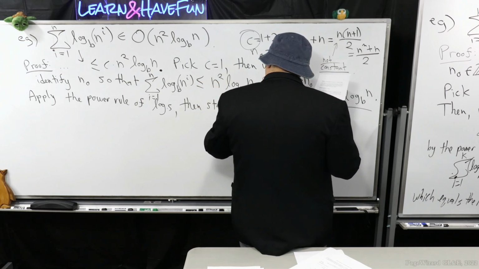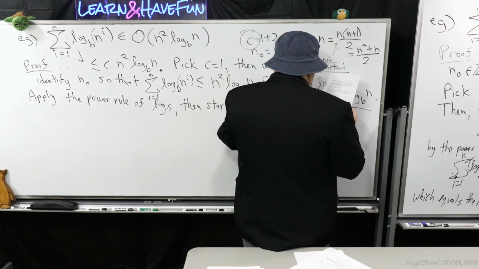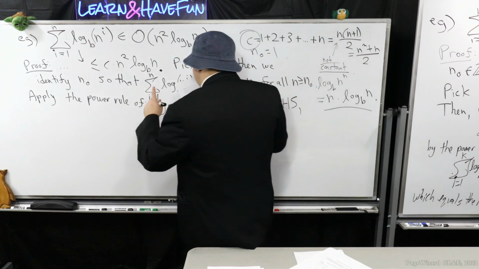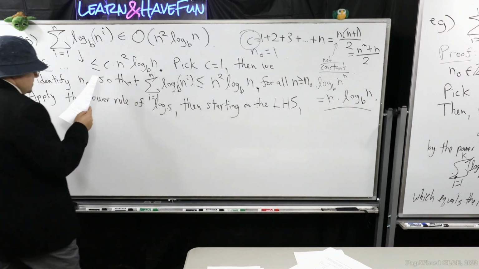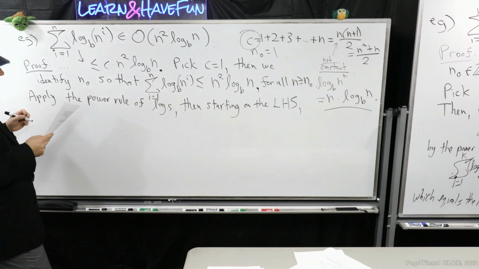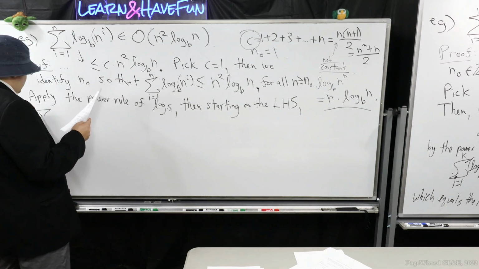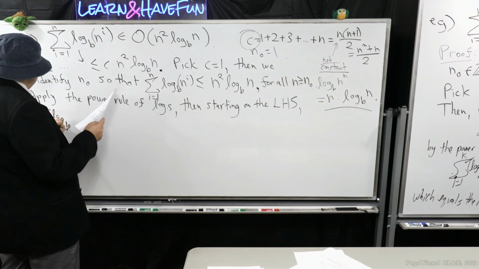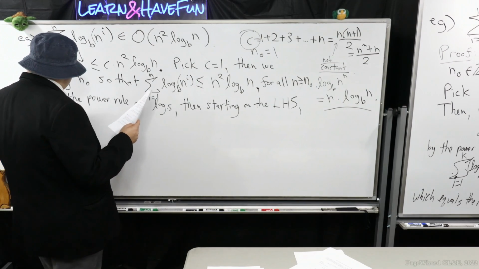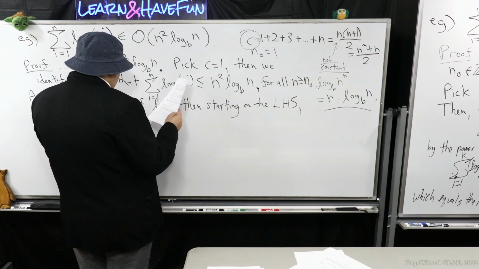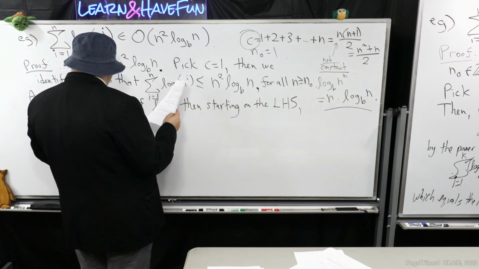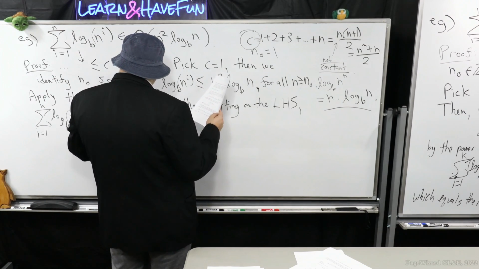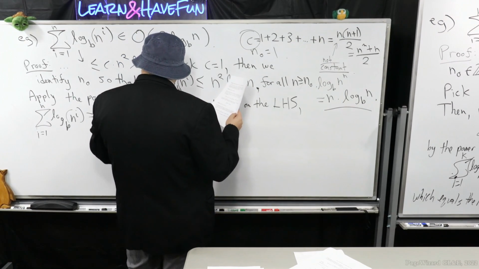So then starting on the left-hand side of this inequality, we have the sum from I is equal to 1 to n of log base b of n to the power of I. Well, this is equal to, like we had before, I'm just going to pull that exponent out front inside of the summand. So I have I times log base b of n.